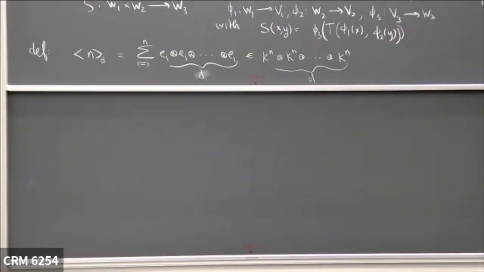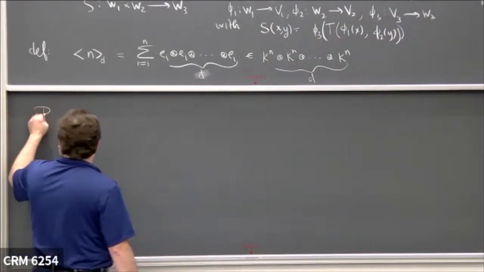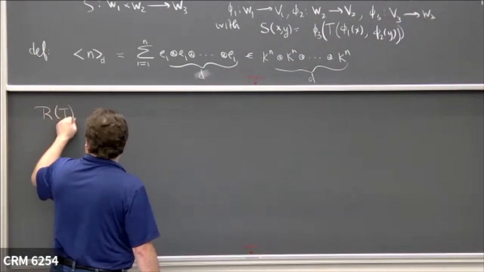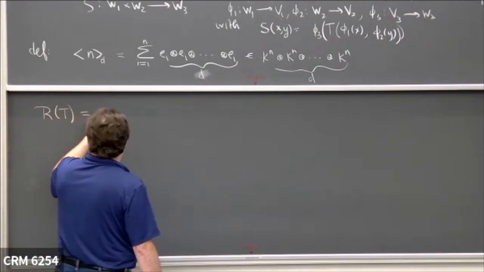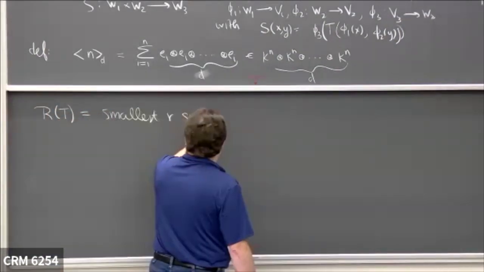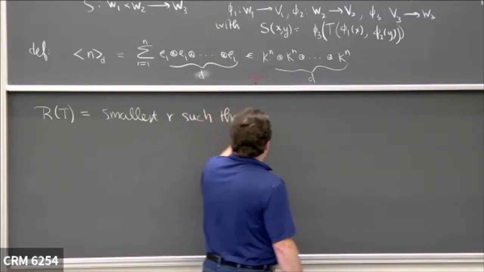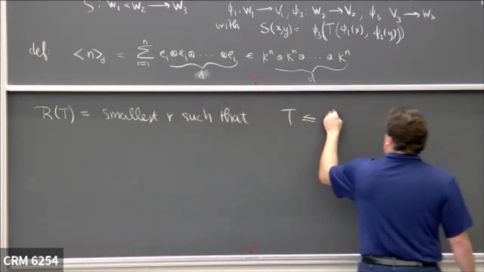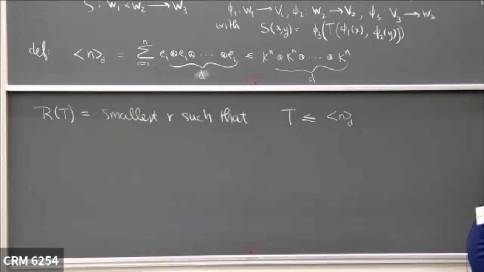And now we can reinterpret this notion of rank. If you think about it, the rank of a tensor T is the smallest R such that T is less than or equal to this tensor for R. As we saw, the interpretation is that you can reduce the computation of T to R multiplications.